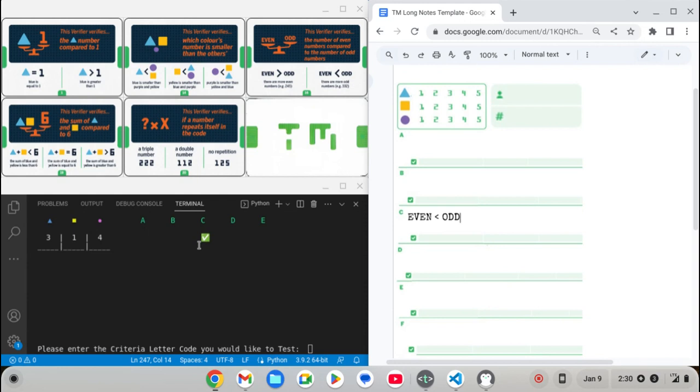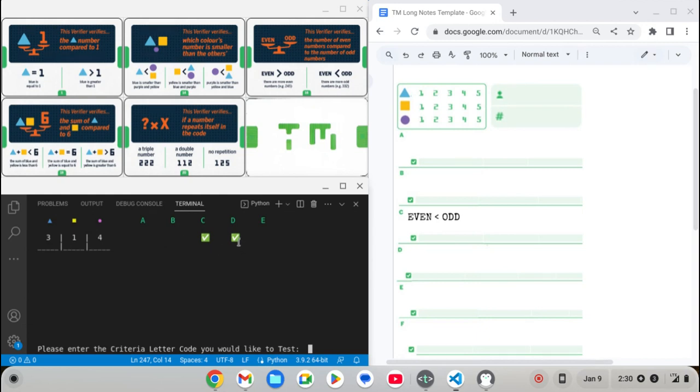Okay, I think the next thing I'd like to test is criteria card D. Okay, so again, the Turing machine approves of the proposal. Notice that I do have a triangle value of 3 and a square value of 1. If I add those 2 together, I get 4, and 4 is less than 6.